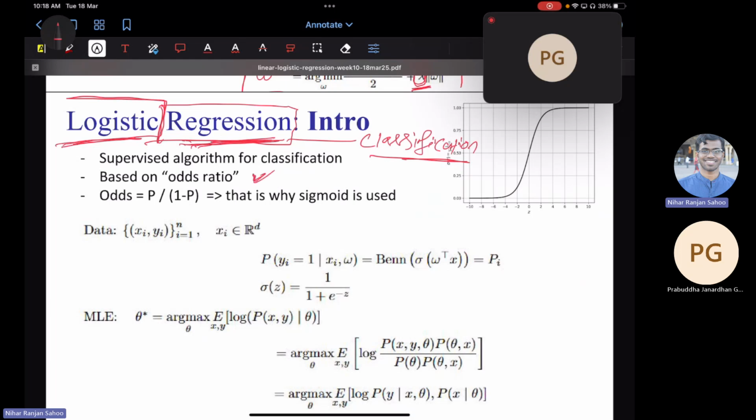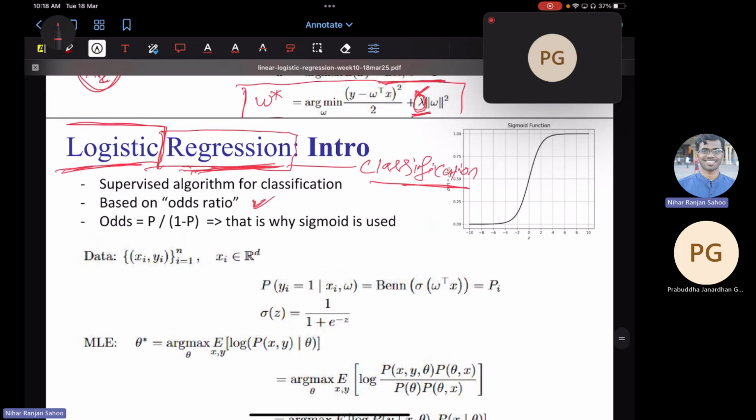If you know how gambling works in any sport, let's say India is playing in the final, India versus West Indies.